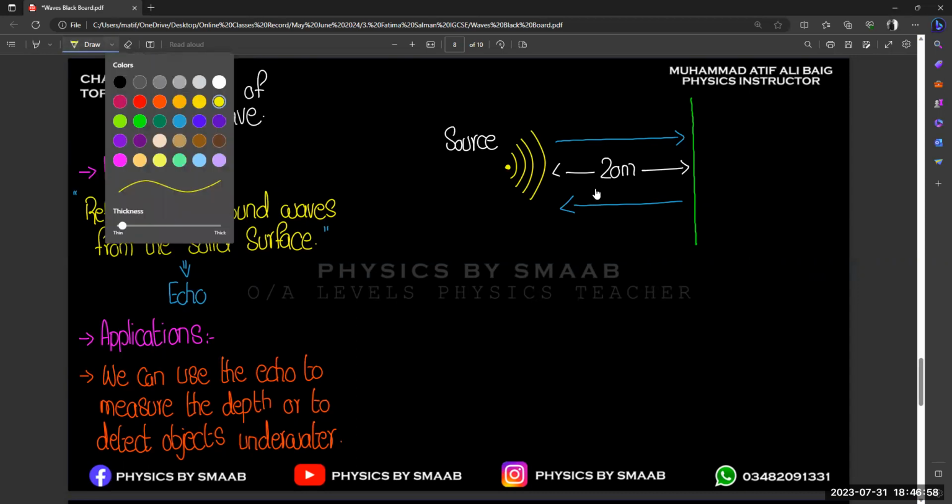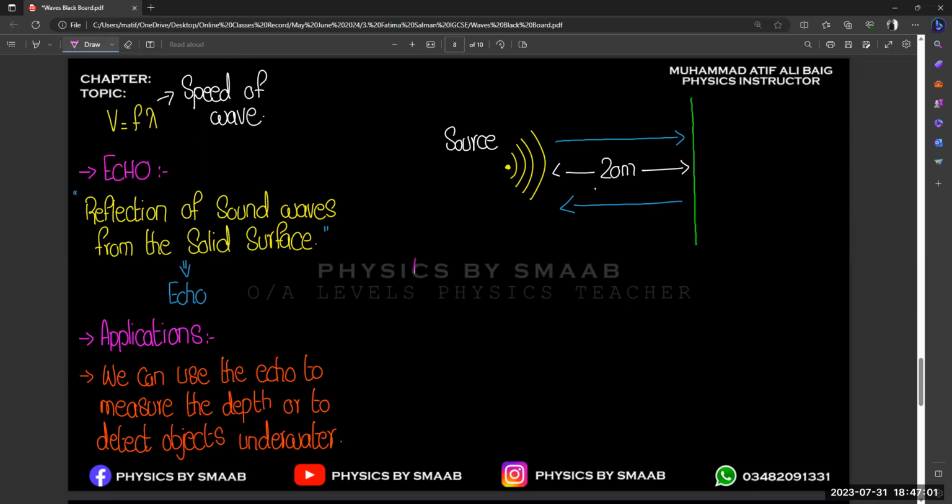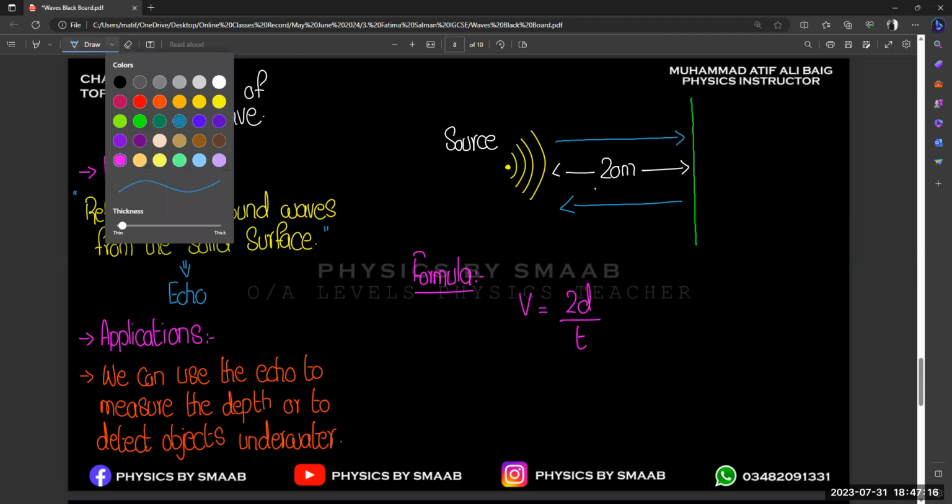Your final formula will be V equals 2D over T, right?